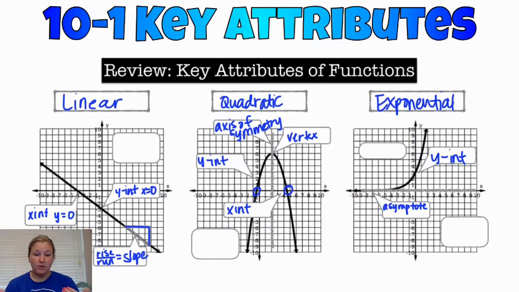So if I were to shift my exponential function up or down on the y-axis, then you would see my asymptote move up or down. So it's just a horizontal line that the exponential function is going to get really close to but never cross. And for this instance, this would be the x-axis. So here, we'd have no x-intercept. It would get really, really close to the x-axis, but never get there.